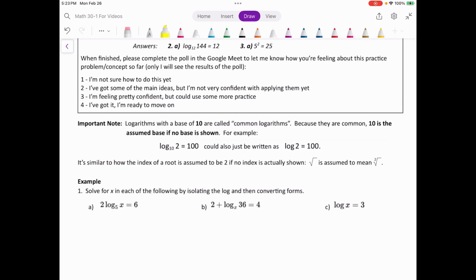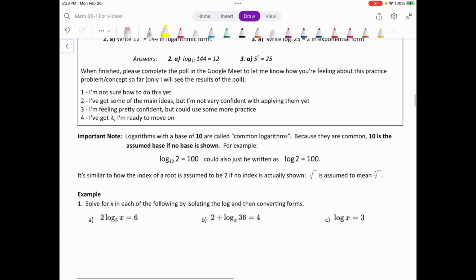All right, so just an important note before we go any further. That's about logarithms with a base of 10. We call them common logarithms. The reason they're common is that we have a base 10 number system, right? What I mean by that is you go 1, 2, 3, 4, 5, 6, 7, 8, 9, and then you kind of reset and go 10.